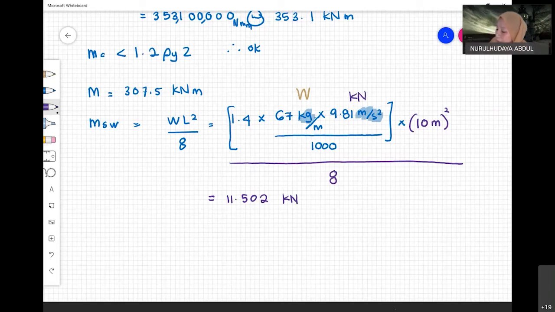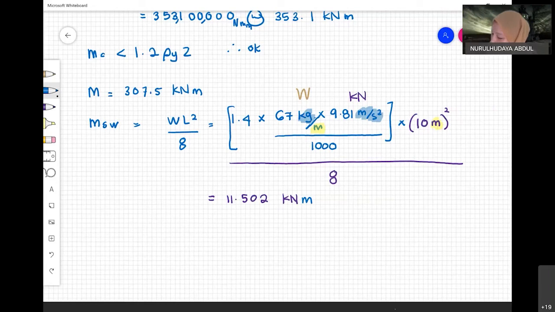And then you ada pula this meter, darab dengan meter per meter darab meter kuasa 2. So akan jadi meter lah juga. So 11.502 ini baru MSW.